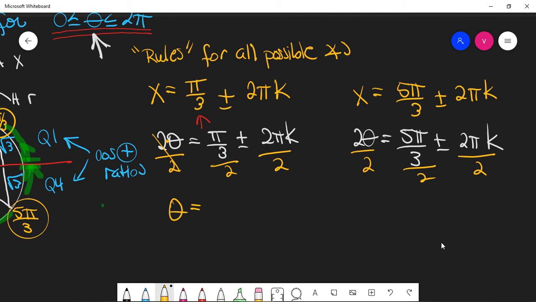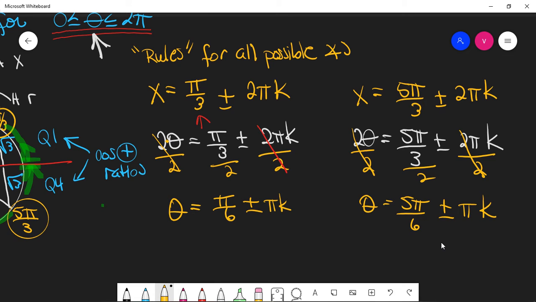Theta is equal to pi over 6. All right, I can tell some of you are going to want to know how that happened. Just give me a second. Here the 2's cancel out, plus pi k. And then here, theta is equal to 5 pi over 6 plus or minus pi k.